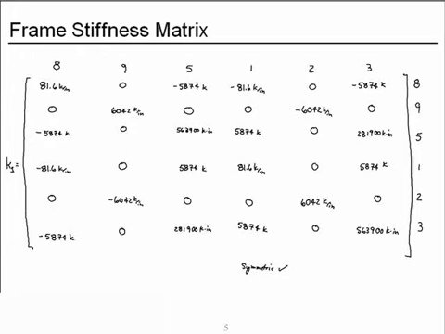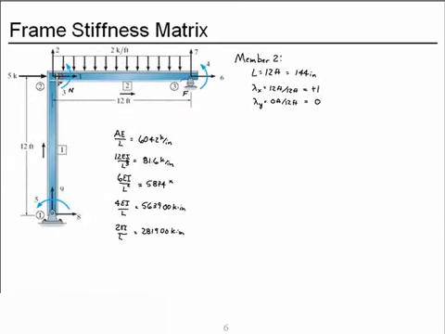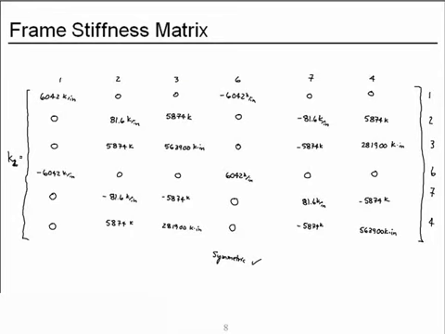We then used those terms like AE over L and 6EI over L squared along with the directional cosines and assembled the element stiffness matrix in global coordinates. First for member 1, then we moved to member 2, and with each of those member matrices we checked to make sure that the diagonal terms were positive and that the matrix was symmetric.